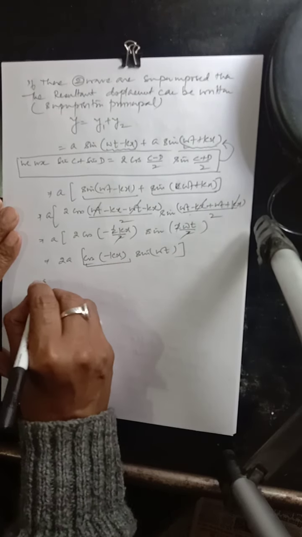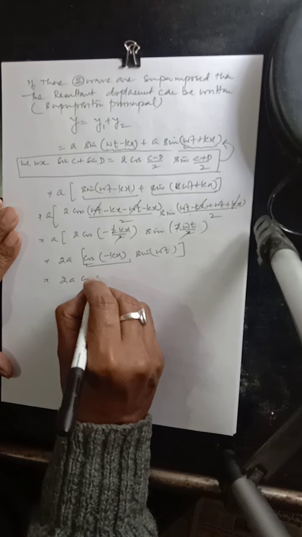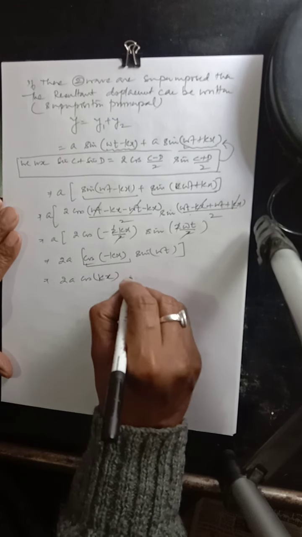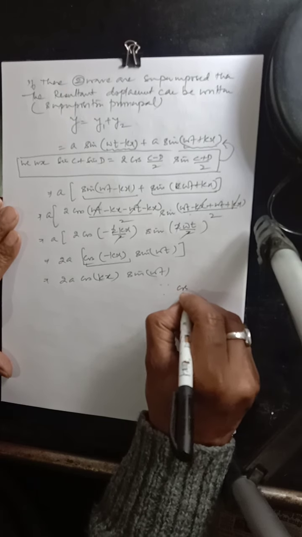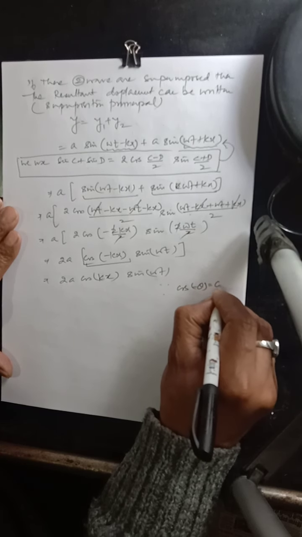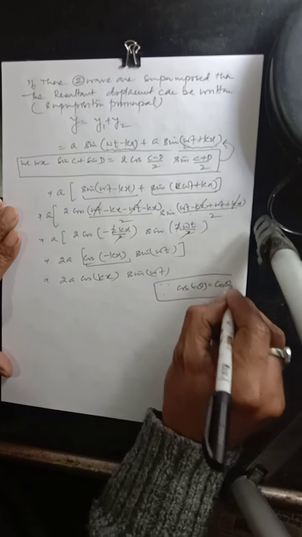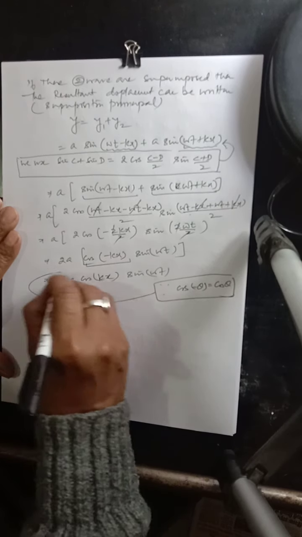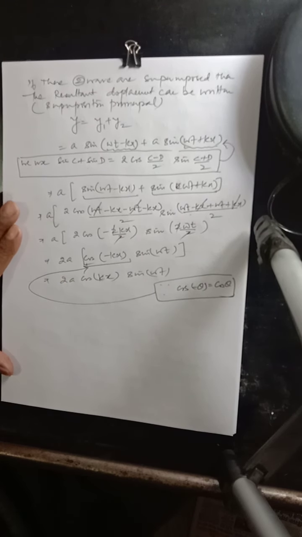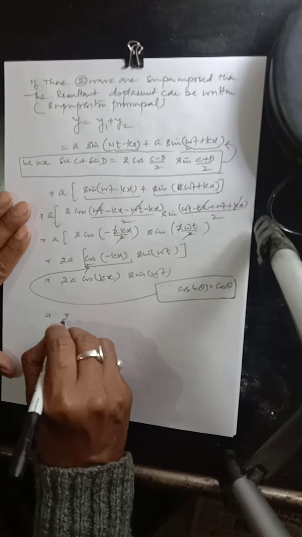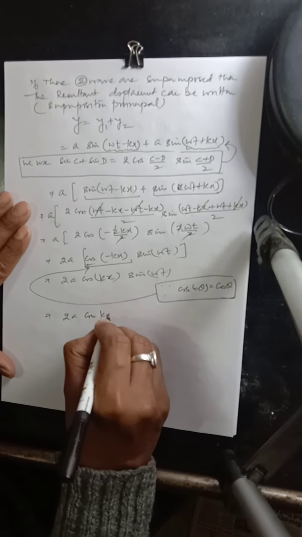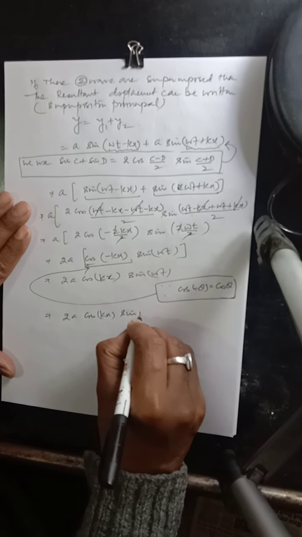Cos of minus theta becomes cos theta, because cos of minus theta is equal to cos theta. So it is 2A cos kx sin omega t.